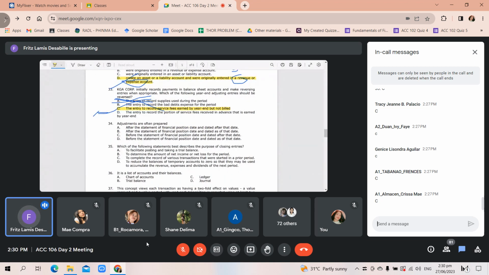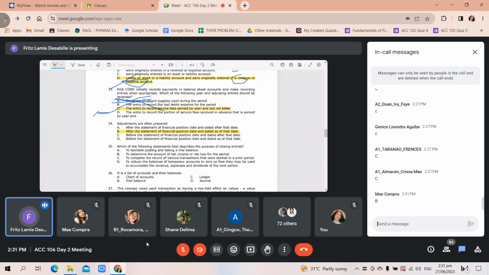Okay, 34. Adjustments are often prepared, letter D, after the statement of financial position date and dated as of that date. Okay. So unsay pasabot guys sa statement of financial position date?